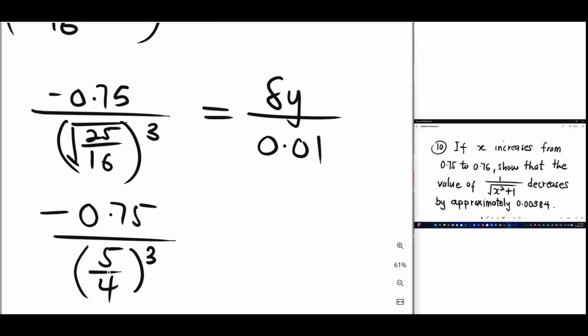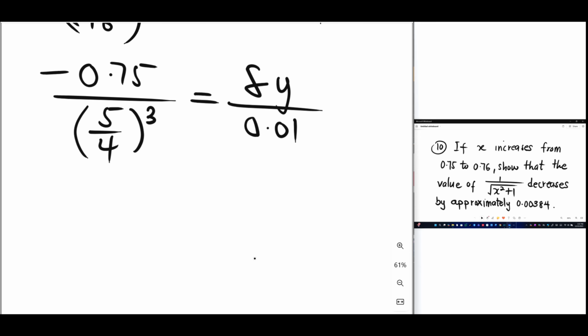Now we are going to divide. Let us equate it to a small change in y first: small change in y divided by 0.01, which is the small change in x. Right, so we now have negative 0.75 being divided by 5 divided by 4, all in bracket having exponent of 3. You can use your calculator for that because of time.